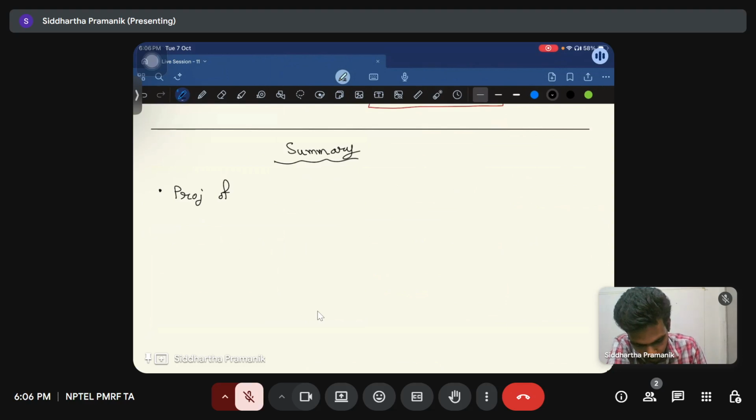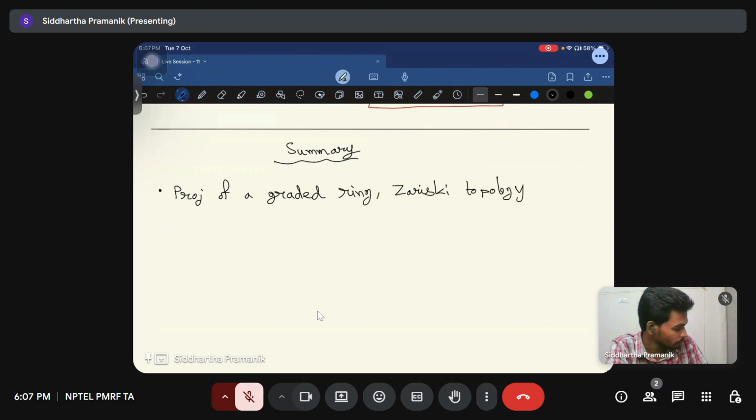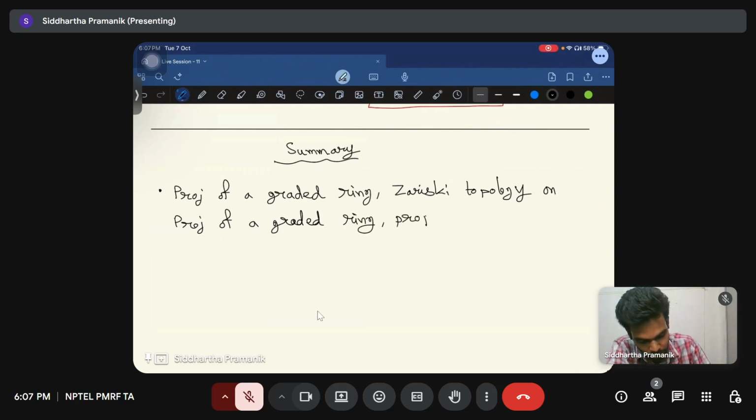In this set we have defined a topology, and we called it the Zariski topology on Proj of a graded ring, and we saw some properties of this topology.